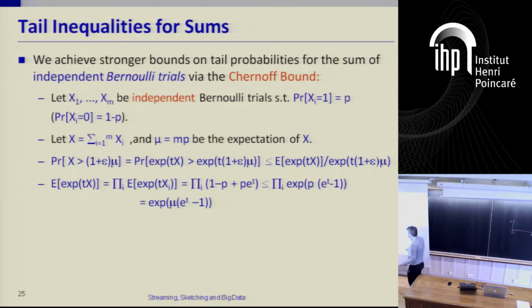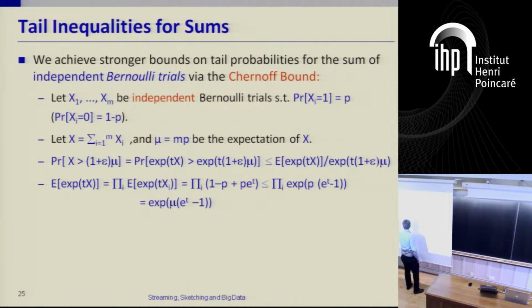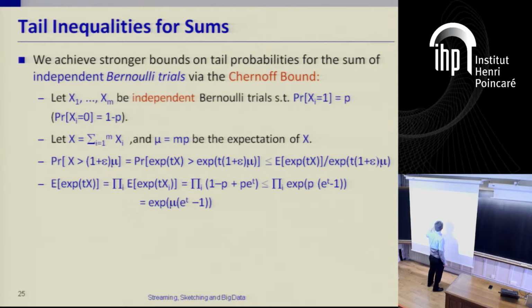So the rest of this proof is basically about how this behaves. What's the expectation of e to the t x? That's an expectation of something which has at its heart a sum, but once I take that sum outside of the exponential function, it becomes a product. So I can think of it as a product of expectations of the independent individual xi's.